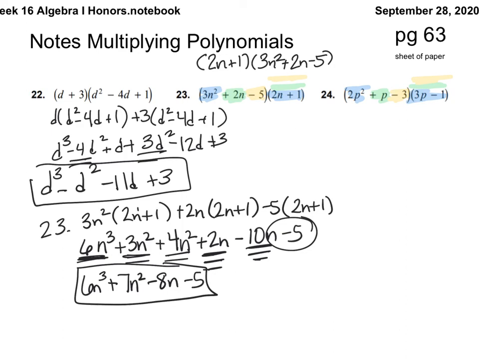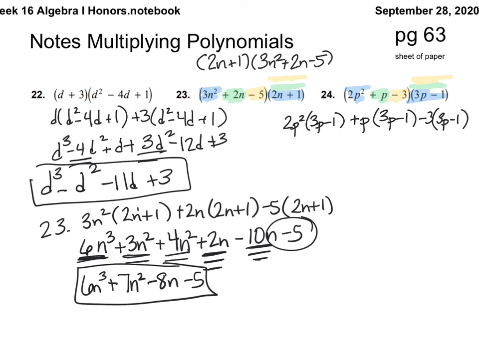So that makes it convenient to do that problem. I'll do number 24 right underneath it since I'll have space there. Okay, for 24, I'm going to do 2p squared times the quantity 3p minus 1, positive p times the quantity 3p minus 1, negative 3 times the quantity 3p minus 1.